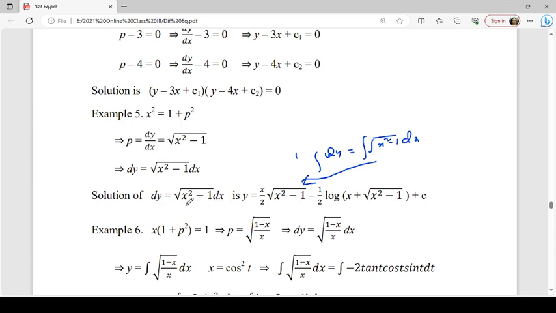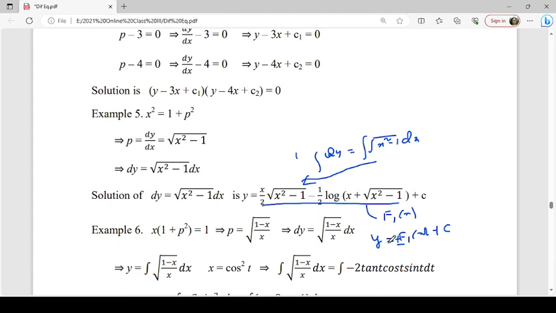If we call this part f1(x), then we can write the solution as y = f1(x) + c, and you can write plus or minus here. p = ±√(x² - 1).